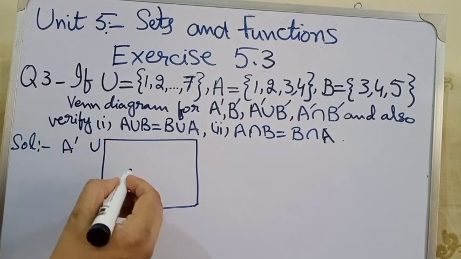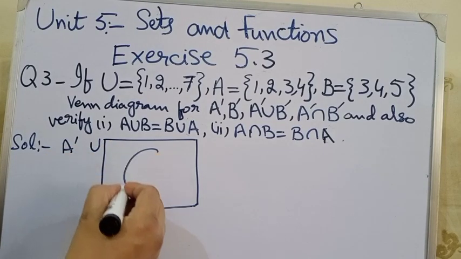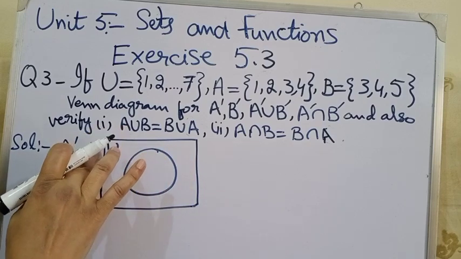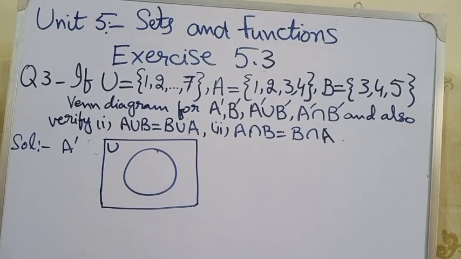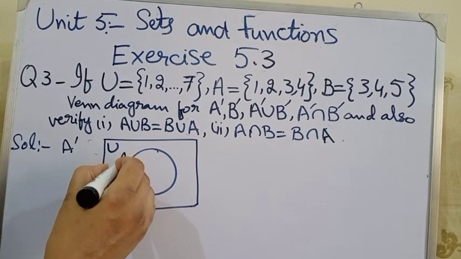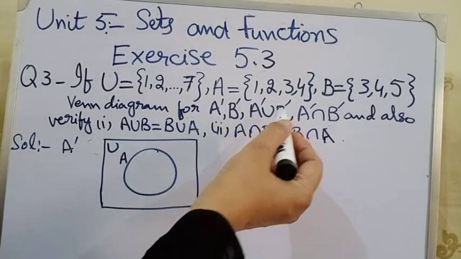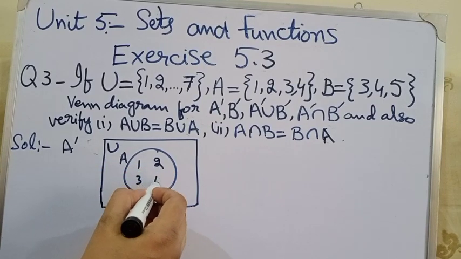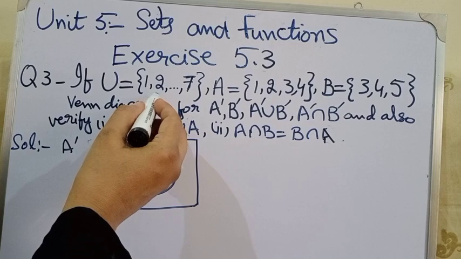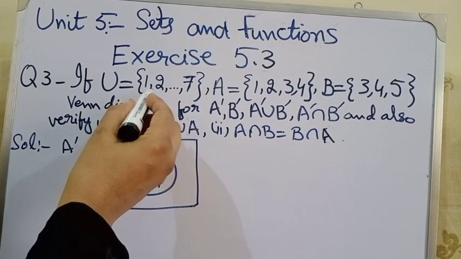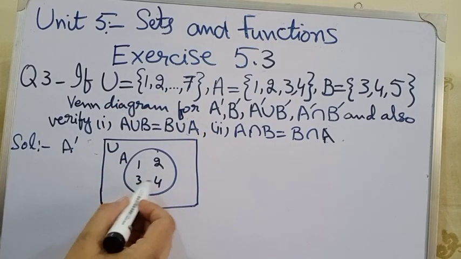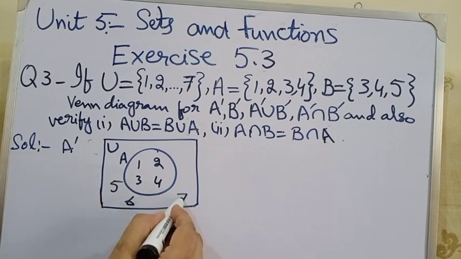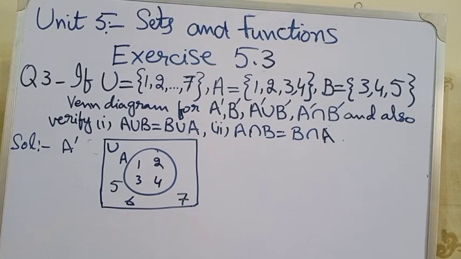We can write here the universal set and set A. Set A has elements 1, 2, 3, 4, and this universal set contains 1, 2, 3, 4, 5, 6 and 7.